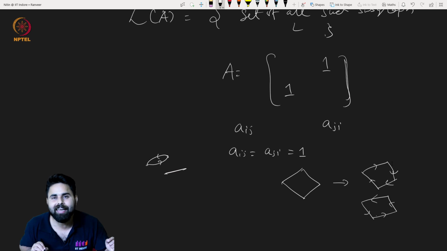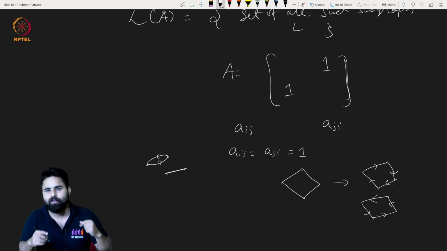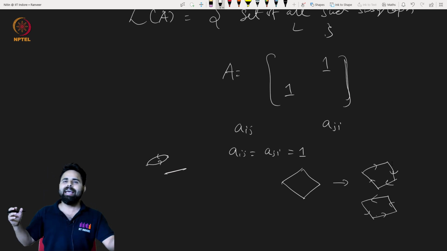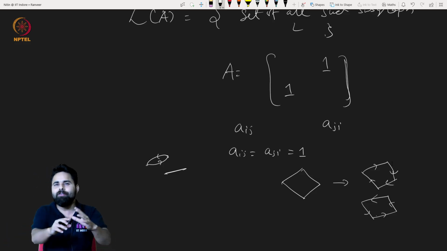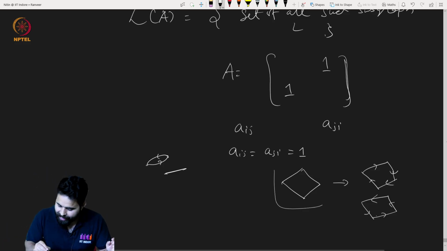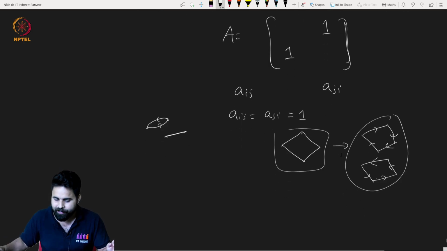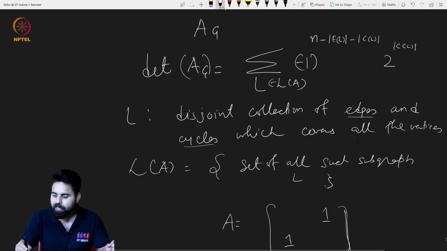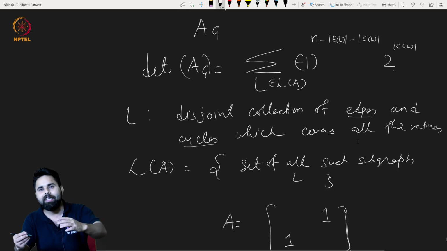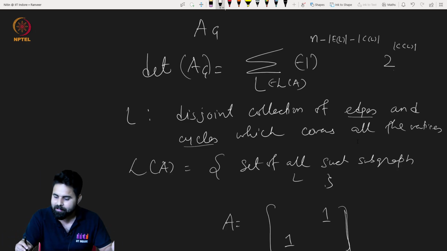So each undirected cycle gives 2 directed cycles for the formula. Now you pick any sigma or vertex cover, and every cycle here comes out 2 times. That is why we wrote 2 raised to the power of the number of undirected cycles.